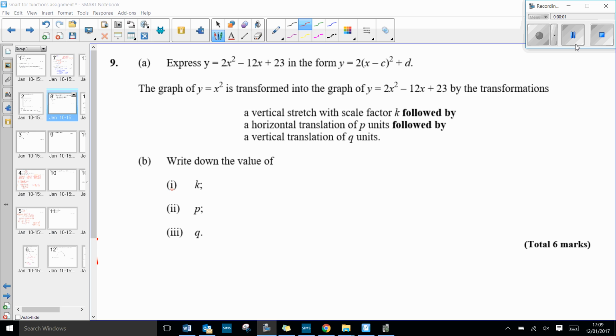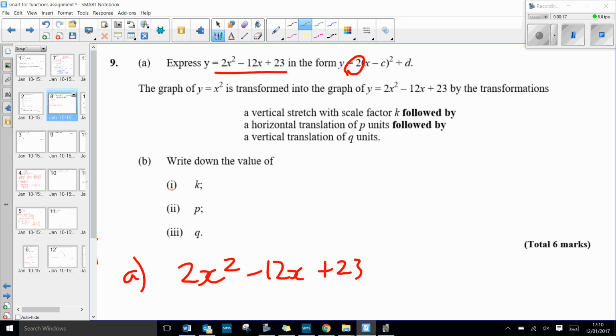Complete the square on this expression. They've told us that it's got a common factor of 2, so remember we ignore this 23, bring the common factor of 2 out.